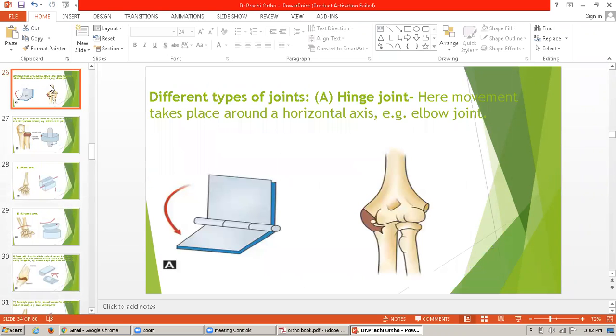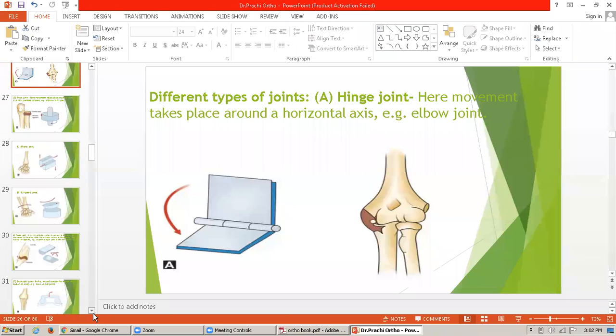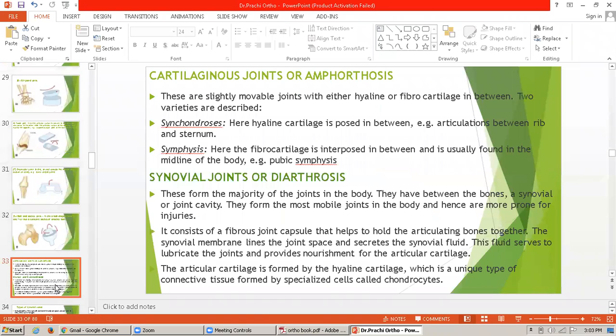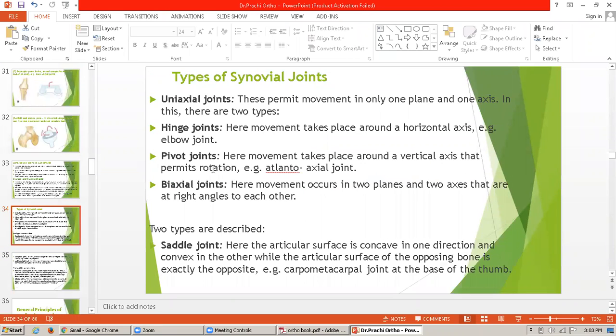This is a diagram of a hinge joint, in which movement takes place around a horizontal axis. And in the pivot joint, the movement takes place around the vertical axis, which permits rotation. An example is the atlantoaxial joint.